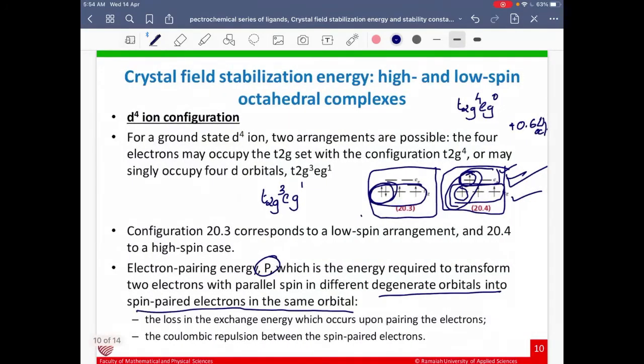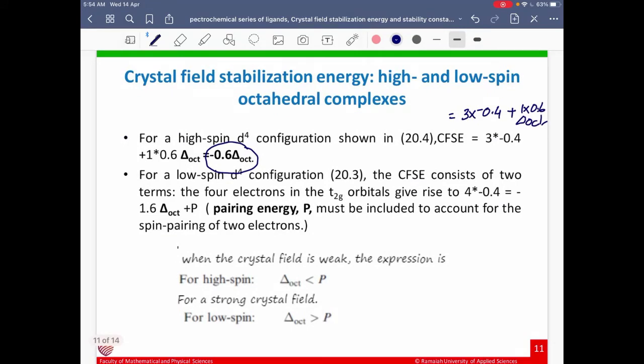Imagine that it is a low spin configuration, where the electronic configuration is t2g4. Then the crystal field stabilization energy is 4 into minus 0.4, since all are in t2g, that is minus 1.6 delta octahedral, along with the pairing energy.